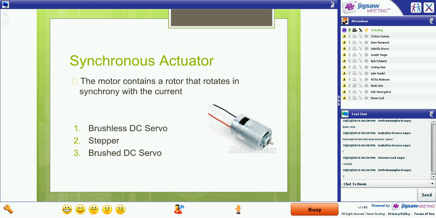And the last type of synchronous actuator is a brushed DC servo. A brushed DC servo is a coil that is wound around a rotor, and then it's powered by a battery.